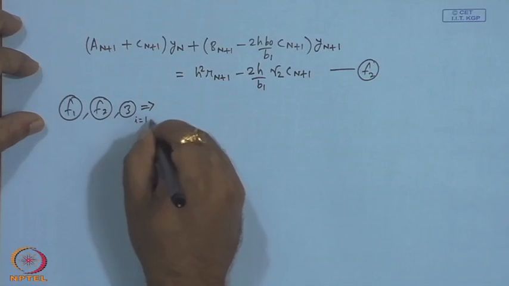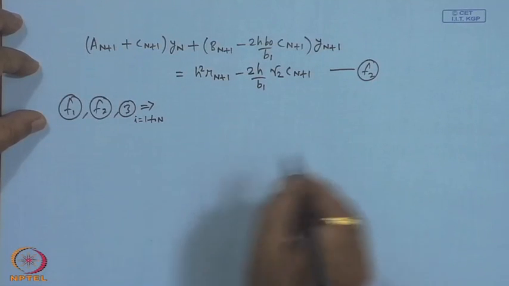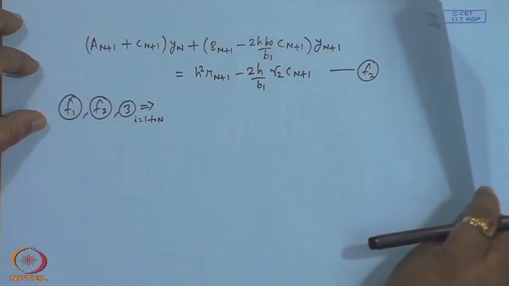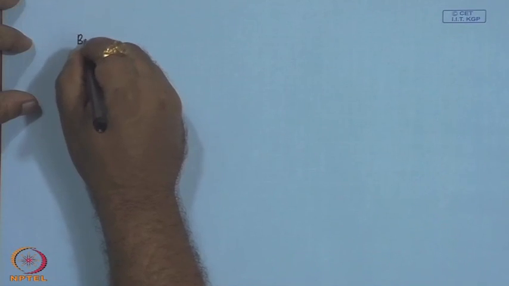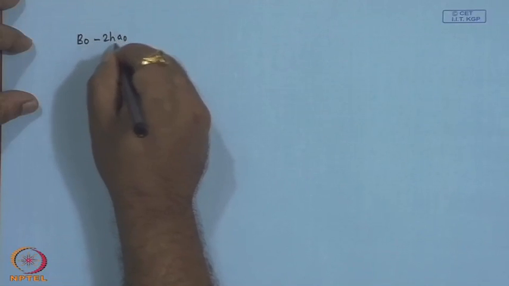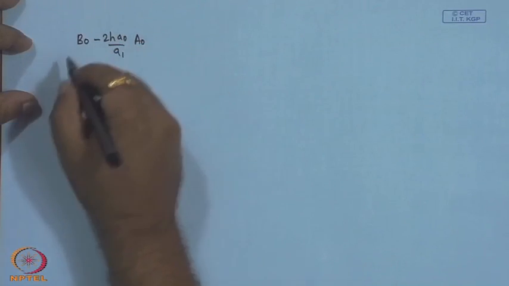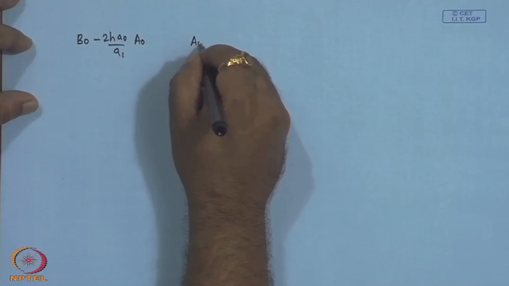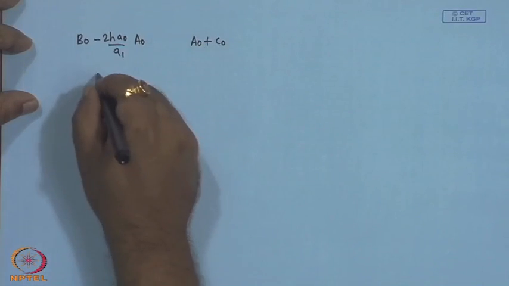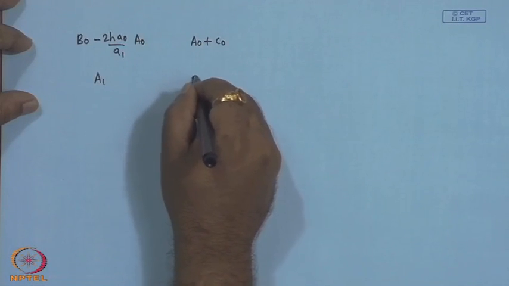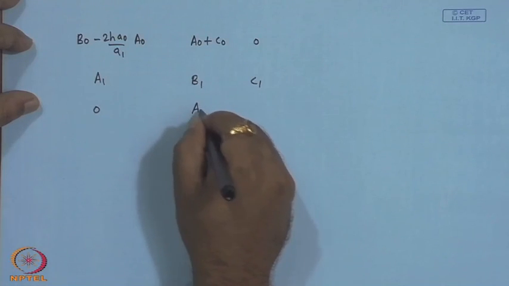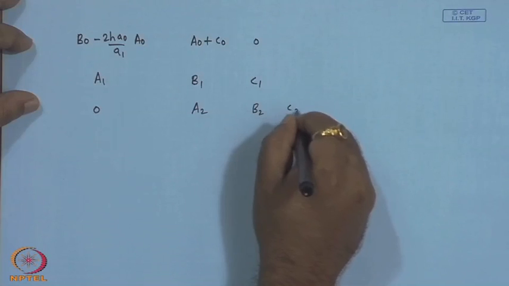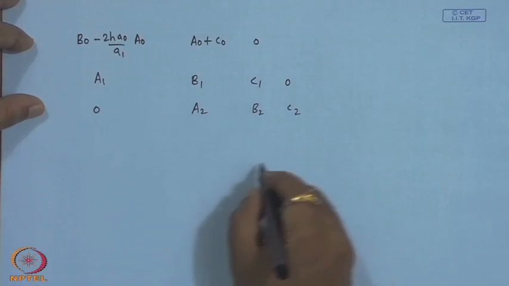Of course, equation 3 for i from 1 to n implies we get a big matrix, and so on and so forth.